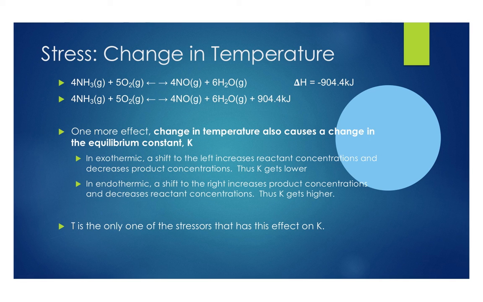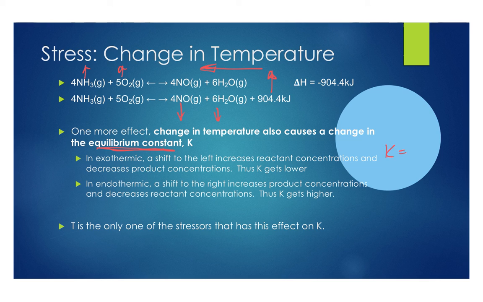All right. The change in temperature has just a couple more caveats. So you'll notice that if we change the temperature, that's also going to change the equilibrium constant K, right? If we increase the temperature, if it's exothermic, a shift to the left is going to increase the reactant concentrations, and it's going to decrease the product concentrations, okay?